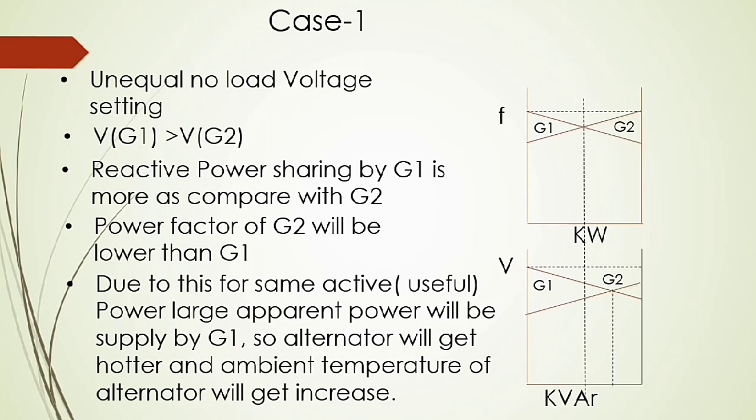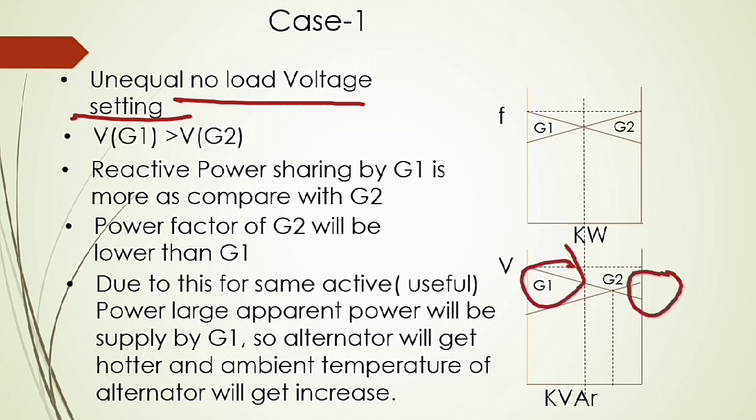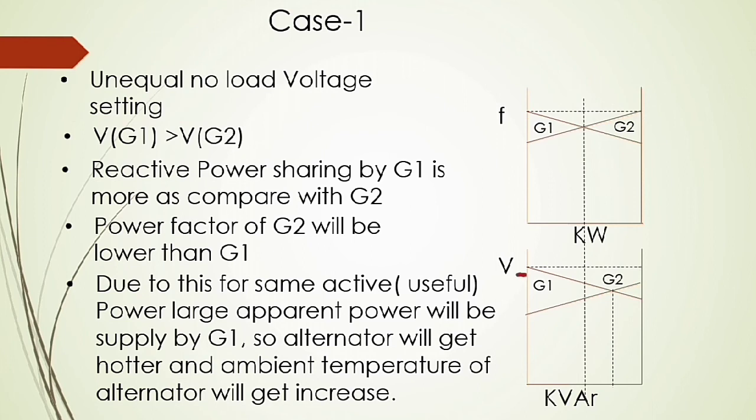Let me discuss the first one, case 1. In case 1, unequal no load voltage setting occurs. Unequal no load voltage setting means the voltage of G1 is more as compared to the voltage of G2. Here you see the voltage of G1, and here the voltage of G2 is smaller.